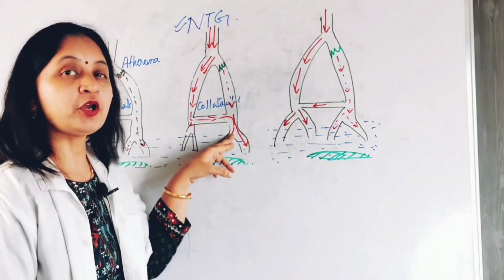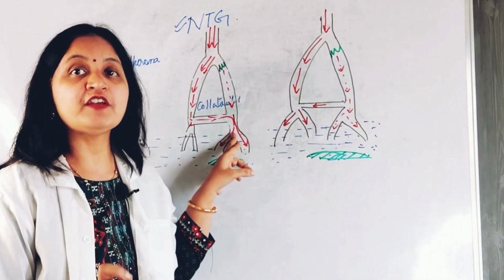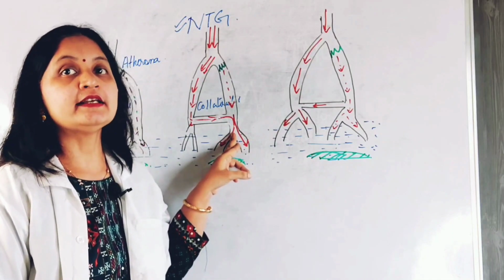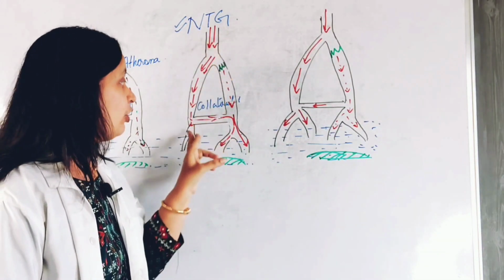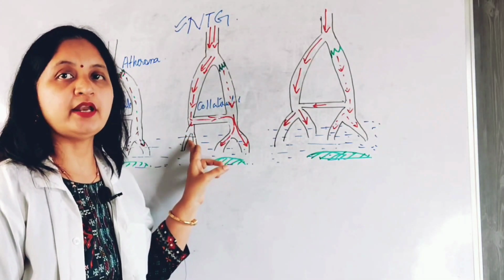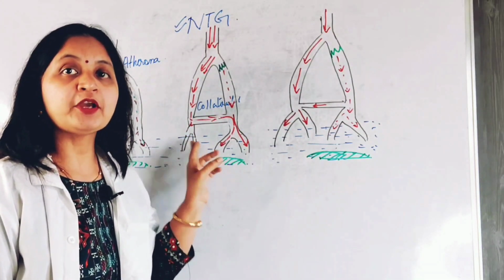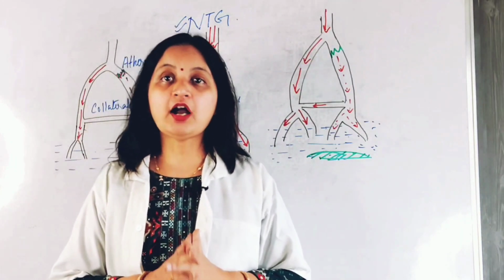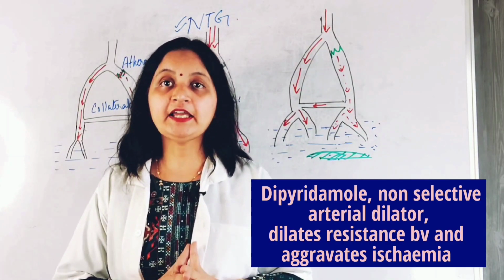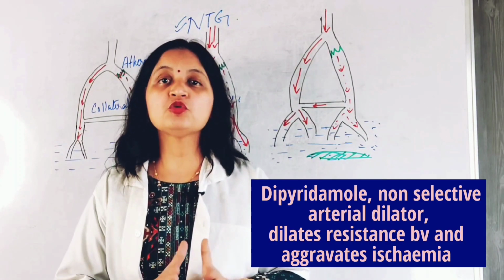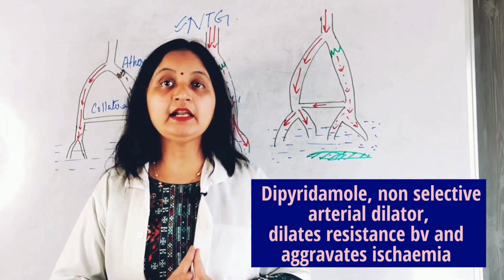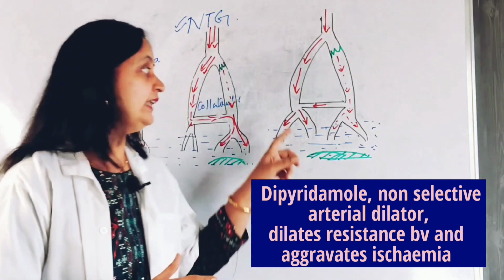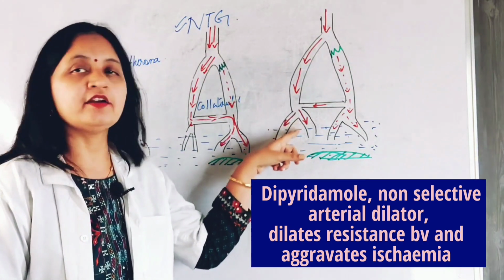So this happens because of the characteristic feature of nitrates, that is, it causes dilatation of the larger arteries without affecting the resistance blood vessels. This is important because non-selective arterial dilators such as dipyridamole are not used in the treatment of angina. Dipyridamole, unlike nitroglycerin, dilates the resistance blood vessels.